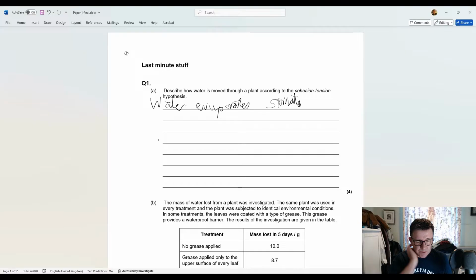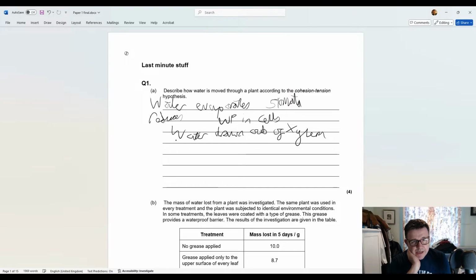Okay, so water evaporates out. Basically, that reduces the water potential in the cells. Okay, in the cells. And water is drawn out of the xylem because it's moving from a high to a lower water potential.